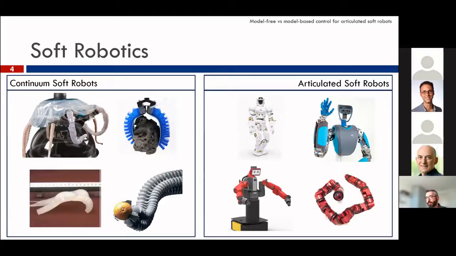In the first case, the elasticity, the compliance, is distributed along the whole structure of the robot, while in the second case, it is lumped at the joints. So we have elastic or flexible joints. In my talk, I will mainly focus on the second group, but at the end of my talk, I will also move towards the first class.